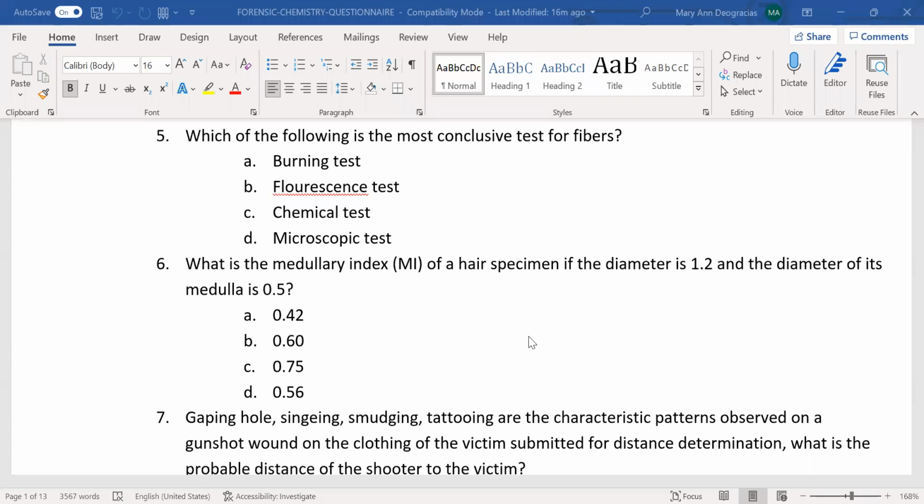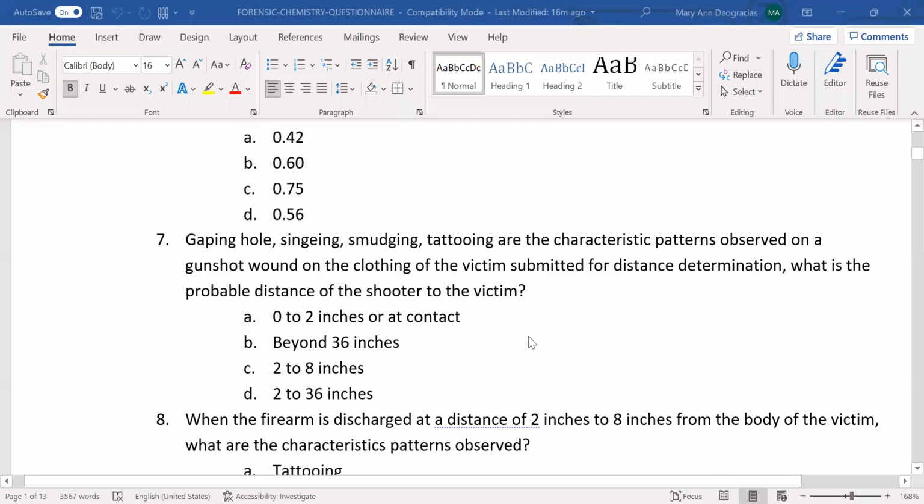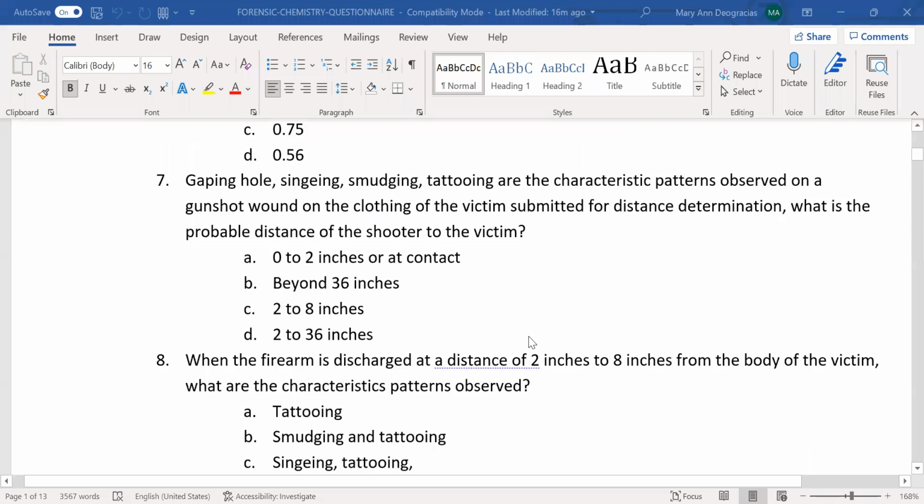Number 7, we have gaping hole. Gaping hole, singeing, smudging, tattooing are the characteristic patterns observed on a gunshot wound on the clothing of the victim submitted for distance determination, or that's the GSR.